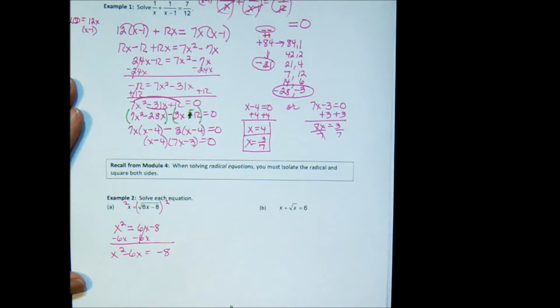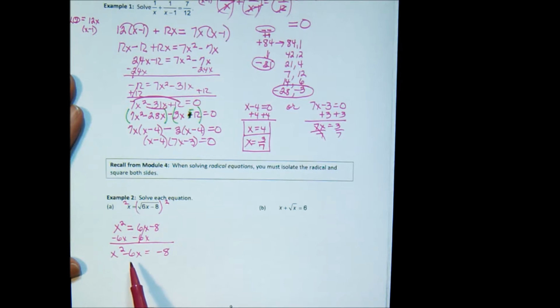Now at this point I have a choice. I can add an 8 to both sides, get it equal to 0, and attempt to factor, or I can complete the square. Because I have a 1 in front of the squared term and an even middle coefficient, I'm going to complete the square because I think it's going to be easier.